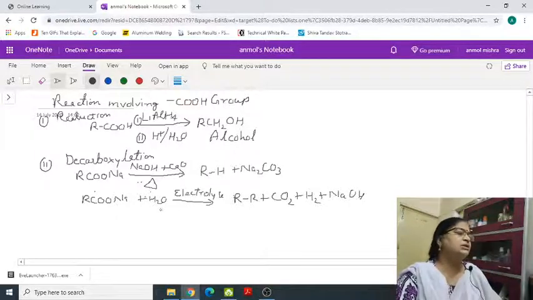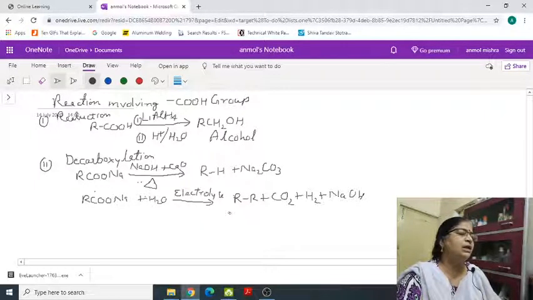Here also there is removal of CO2, but here it is electrolyzed to give you alkane.